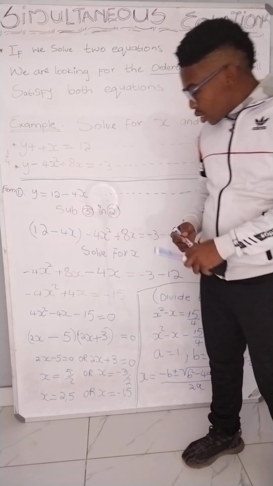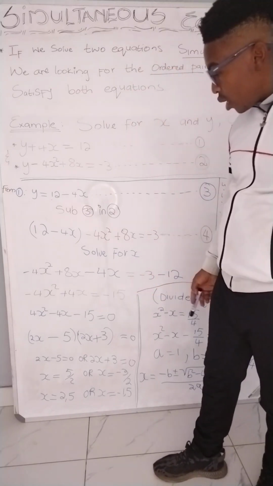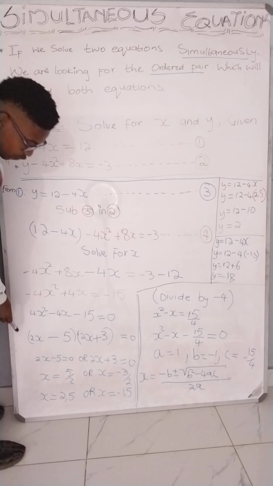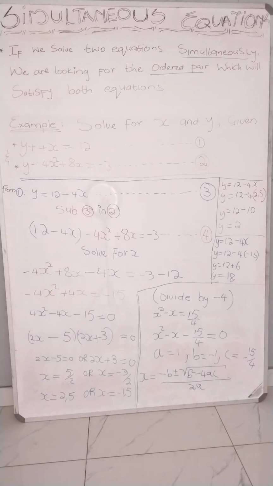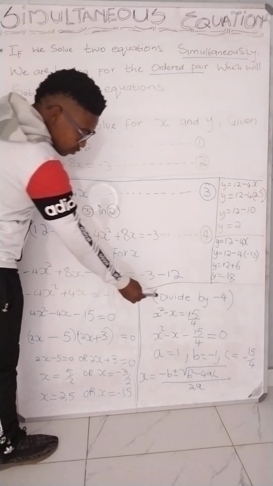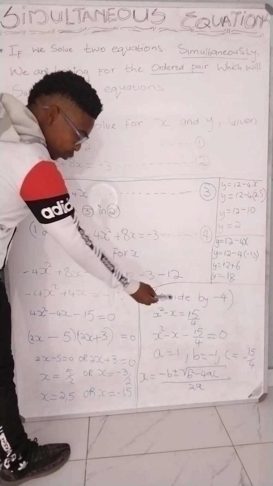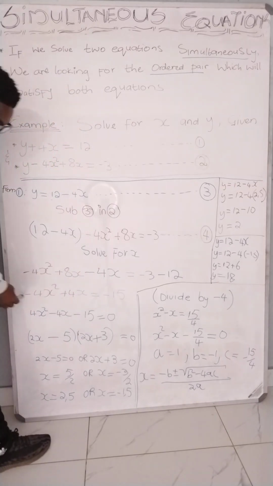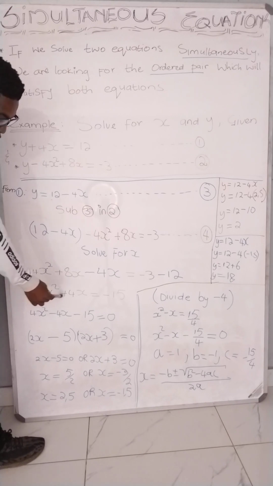Okay. Now, from here, then you are going to factorize. All right. From here, you can divide, you can either go that way or this way. Some will just say, as it is here, you'll divide by 4.